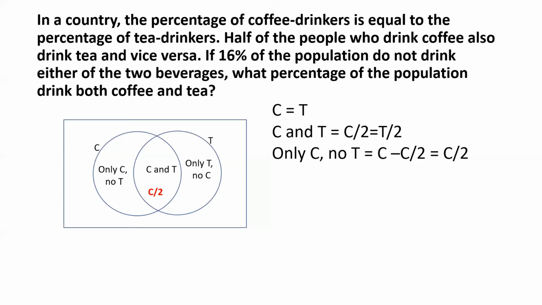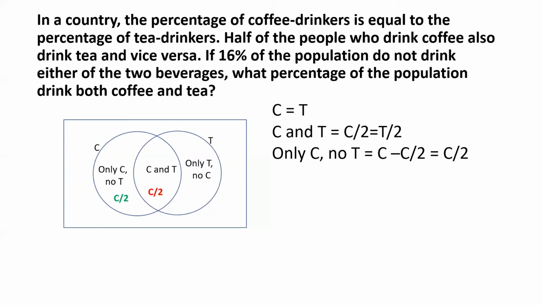The area of the circle C that's outside the overlapping area represents only coffee drinkers who do not drink any tea. So that will be the whole circle C minus the common overlapping area, which is C by 2. So it's C minus C by 2, and that's equal to C by 2.